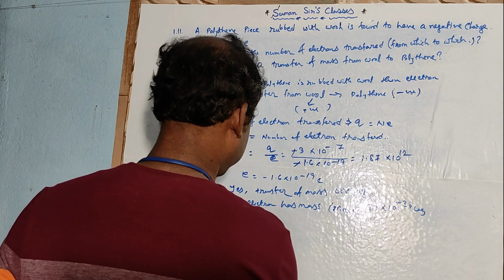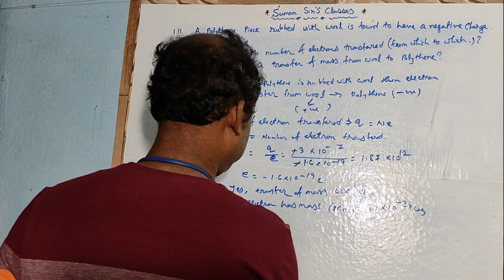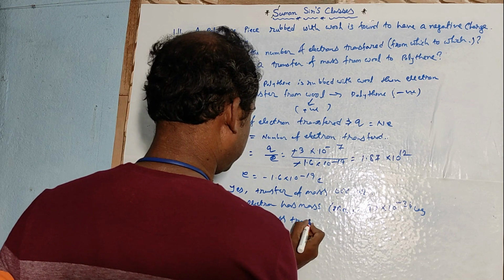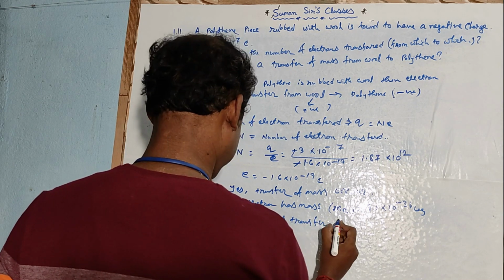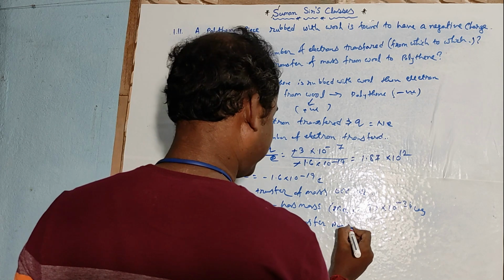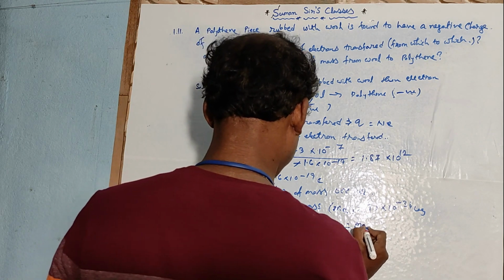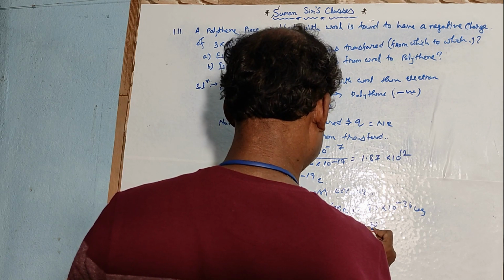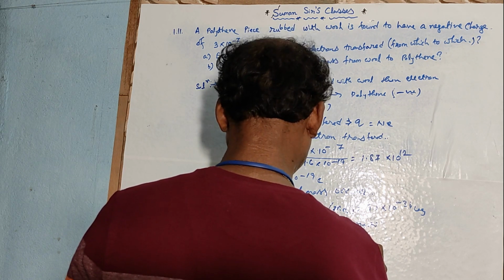So the total mass transferred, if I consider it as small m, is equal to m_e times n. What is the value of m_e?